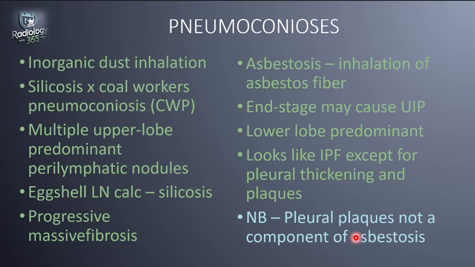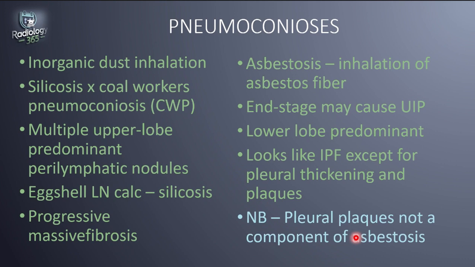Remember, we mentioned that most of the inhaled diseases would affect the upper lobes, right? Then sometimes you would have eggshell lymph node calcifications, and these are commonly seen in silicosis and less commonly in coal workers' pneumoconiosis.